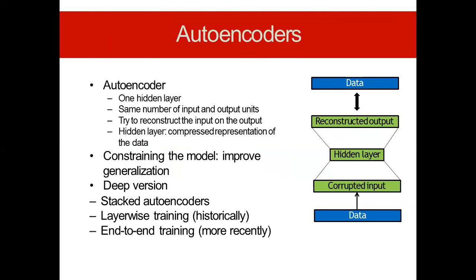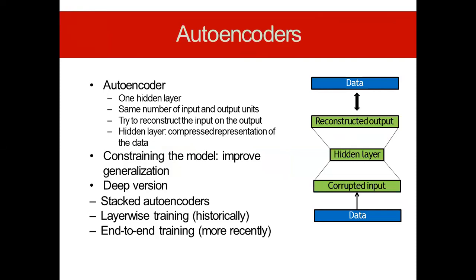Another type of model is based on autoencoders. In autoencoders, we have a neural network, but now the input and output of the network are the same.